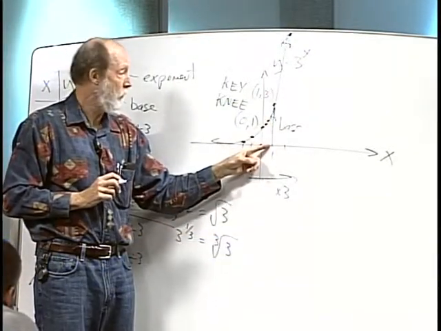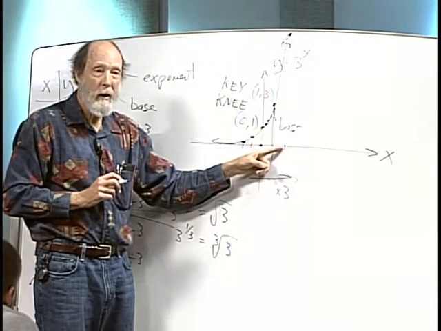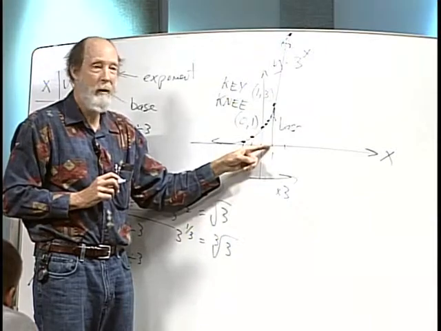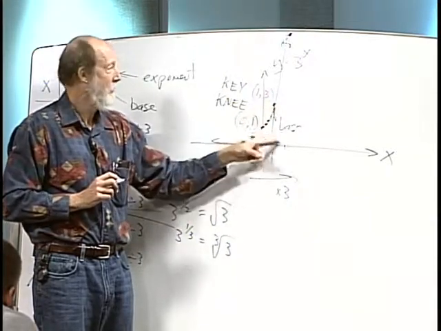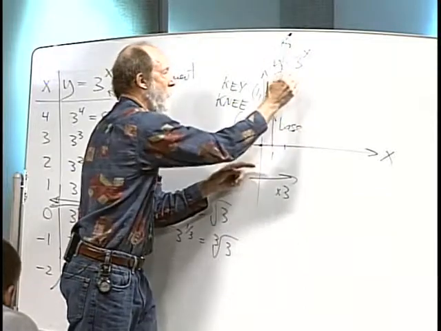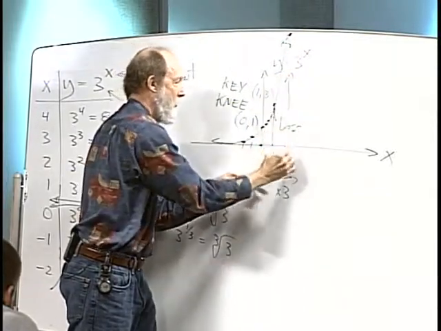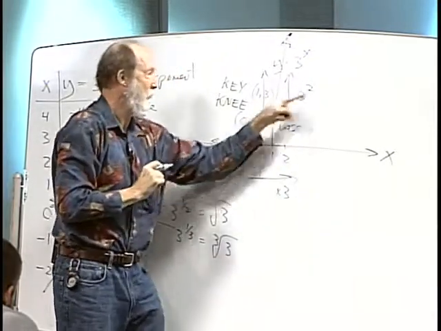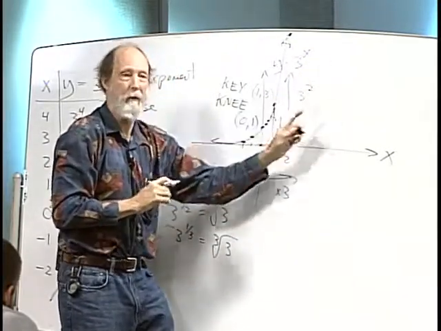And then if you move over another to 2, what happens to the base? What do you do to the base? You multiply it by the base. See, this is 3 to the first. Over here, when you're over at 2 now, it's going to be 3 to the second. And when you move to 3, it's going to be 3 to the third, 3 to the fourth.